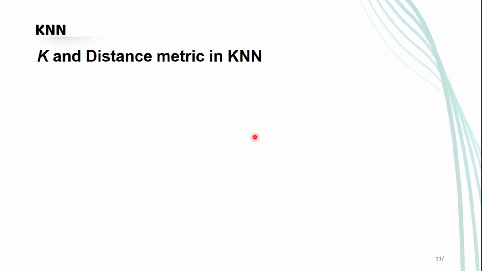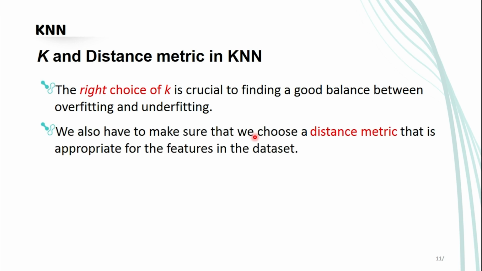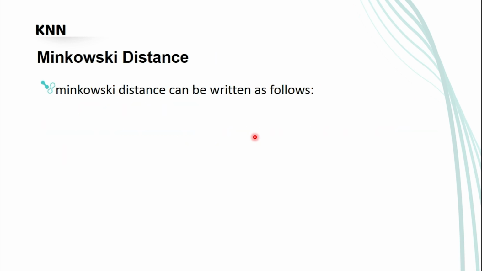Now we will discuss the number k and the distance metric in KNN. The right choice of k is crucial to find a good balance between overfitting and underfitting. We also have to make sure that we choose a distance metric that is appropriate for the features in the dataset.